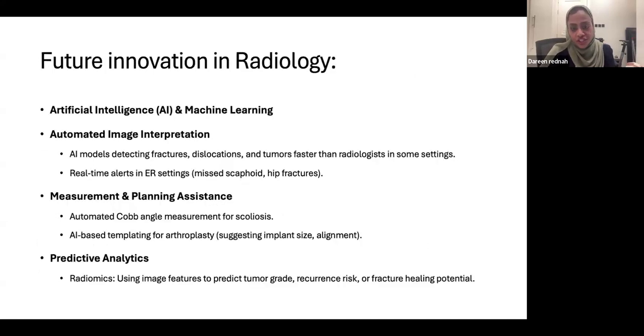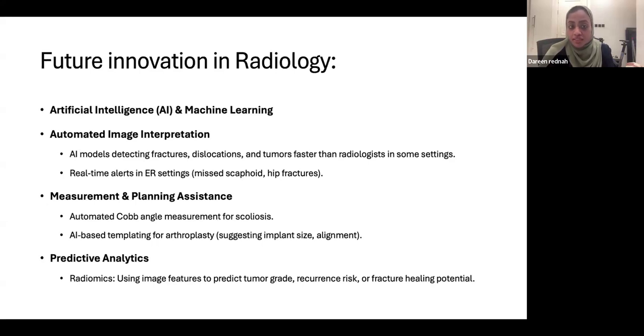Okay, future innovation in radiology. It's interesting for me because some of these techniques already emerged in our orthopedic field and radiology, and something is proposed for the near future, like artificial intelligence and machine learning, automated image interpretation.